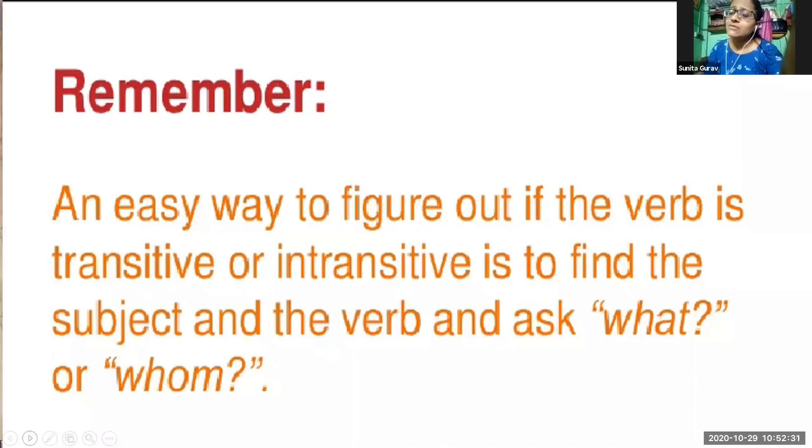Is there any answer to this question? No. Okay, we talked for hours. But what did we talk? Is there any answer to this question? No. And as it is not having any answer, you must be understanding now that the sentence is having the intransitive verb.